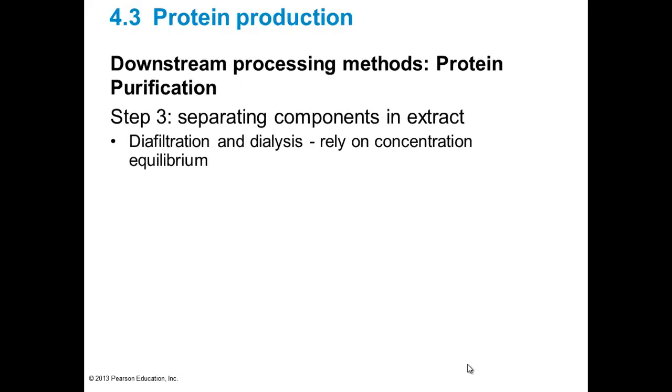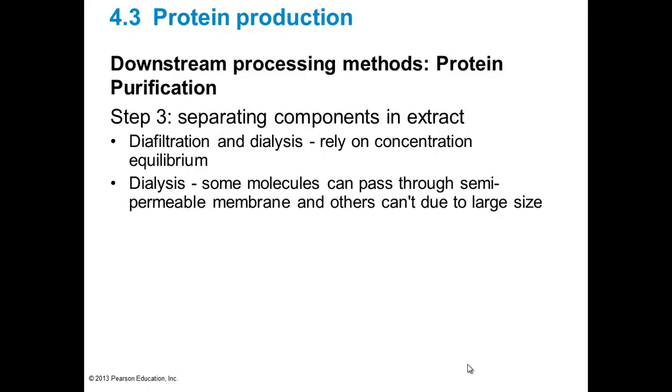Okay. You can also use dialysis, where you're looking at concentration differences of a salt buffer. This is used to remove small components, small contaminants like salts or stabilizers that you don't want in the final product. And you can use diafiltration as well, which is a type of dialysis. Dialysis is just when some molecules can't pass through the semi-permeable membrane and others can.